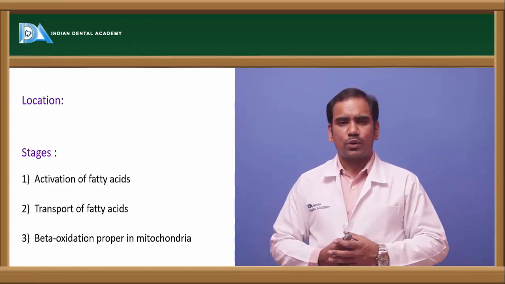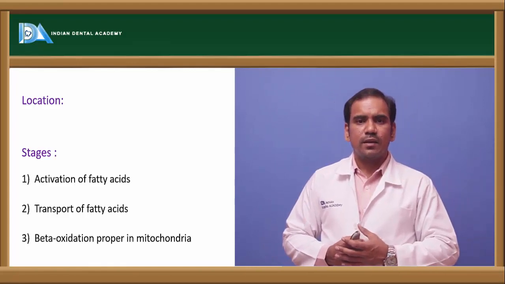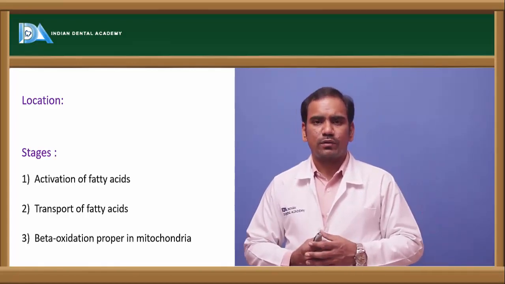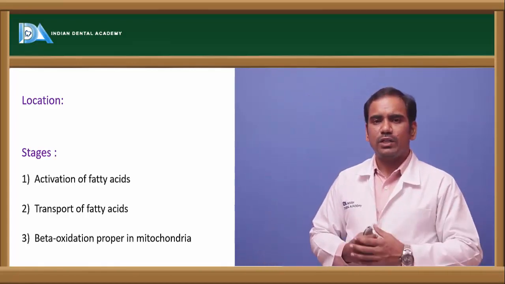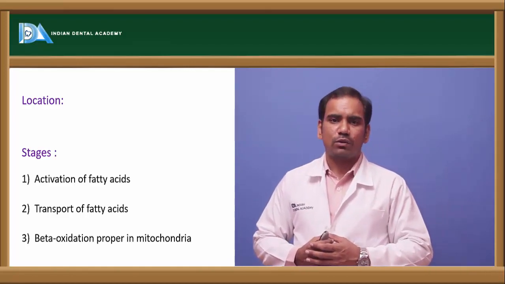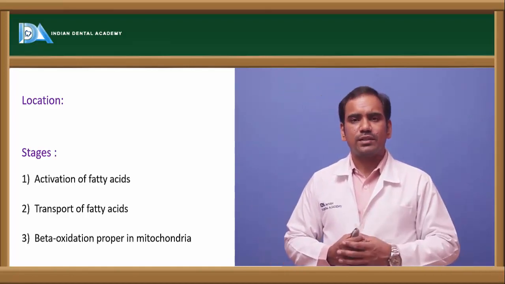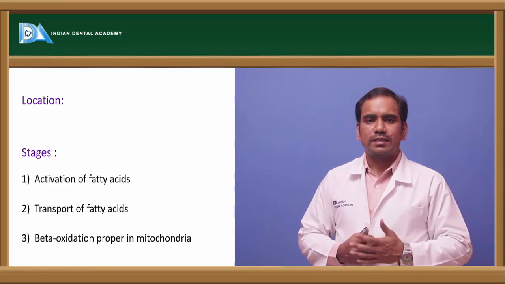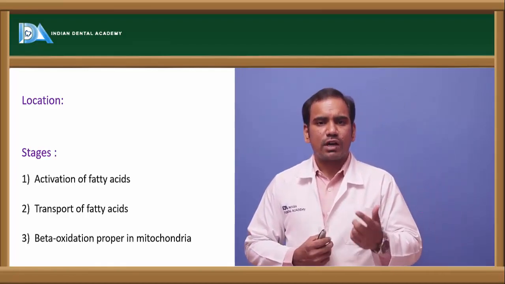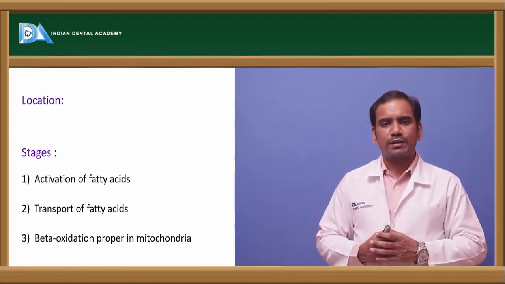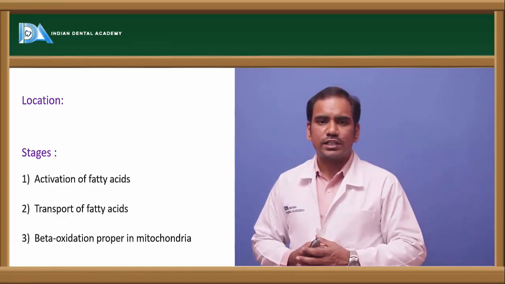And the third stage is the beta oxidation proper, the remaining part of which occurs in the mitochondria. So these are the three stages: activation of fatty acids, transport of fatty acids into mitochondria, and the beta oxidation proper.